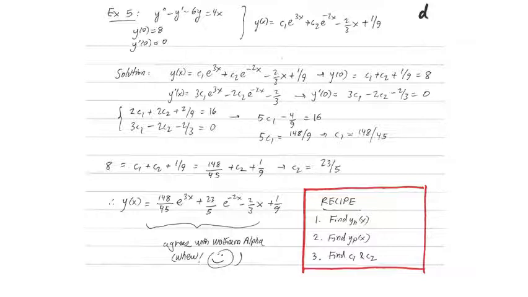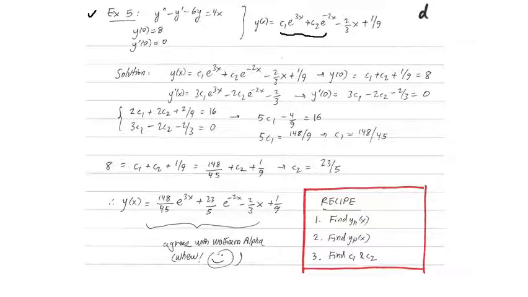Finally, here's an example where we wrap up the process by solving a problem where we have two initial conditions. It's the same differential equation that we've seen before, same left-hand side.